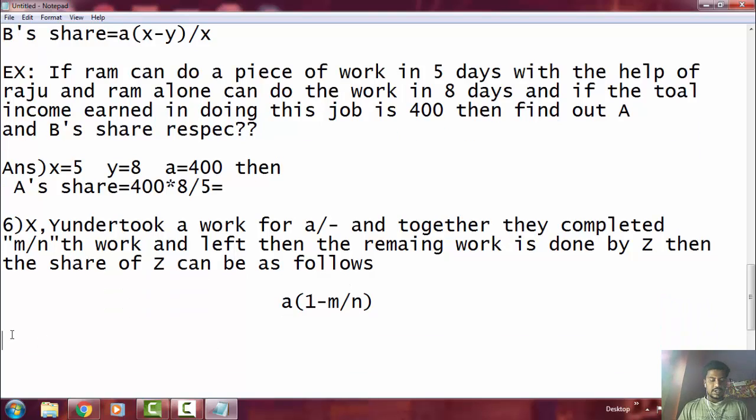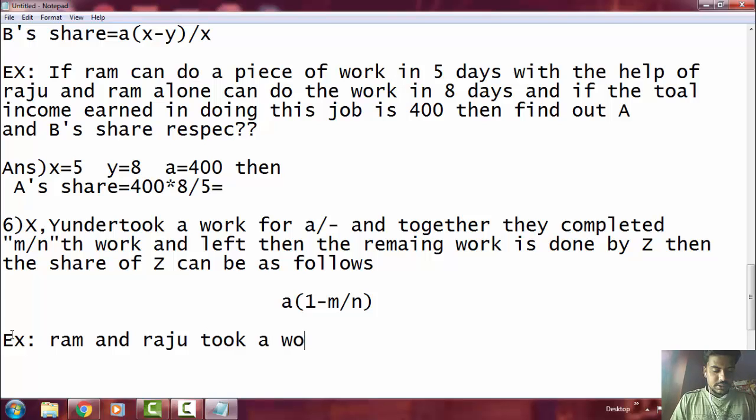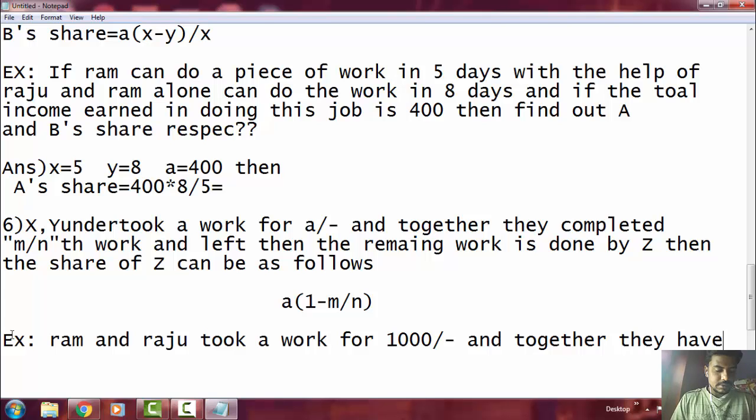Okay. Now an example question: Ram and Raju took a work for 1,000 bucks, you assume, and together they have done only 2 by 5th work.